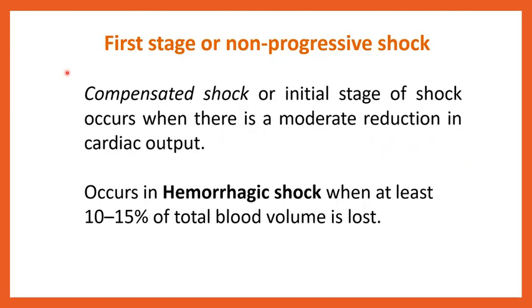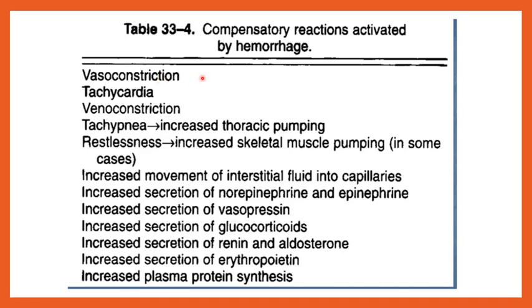The first stage or non-progressive shock, also called compensated shock, is one in which there is a moderate reduction in cardiac output. So this occurs in hemorrhagic or hypovolemic shock when at least 10 to 15% of total blood volume is lost. So this is a list of compensatory mechanisms which are activated immediately after hemorrhage to maintain the normal blood volume.